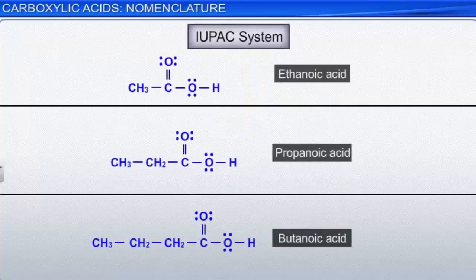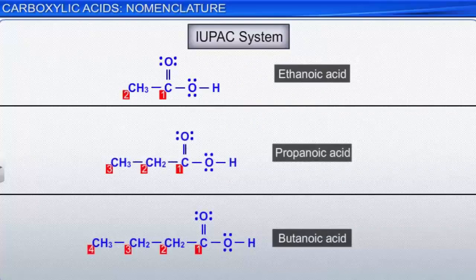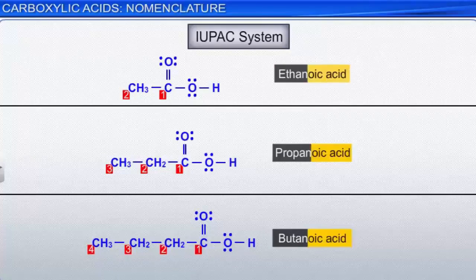Similarly, carboxylic acids containing 2, 3, and 4 carbon atoms are named ethanoic acid, propanoic acid, and butanoic acid respectively by replacing the ending E of the alkanes concerned by OIC acid.